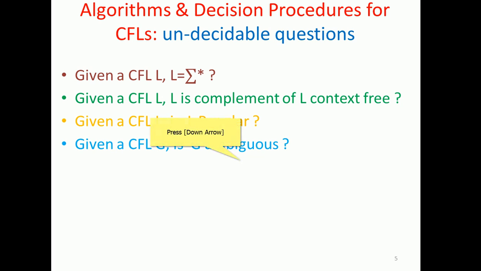So given a context free language accepted by the grammar G, is the grammar ambiguous? So uncertainty is there, and that uncertainty we cannot clear.